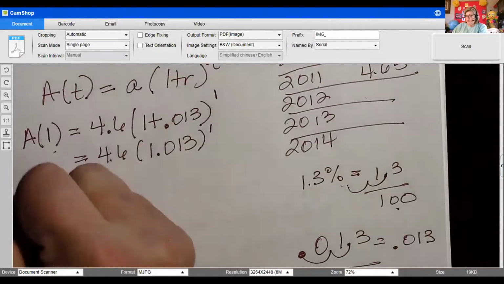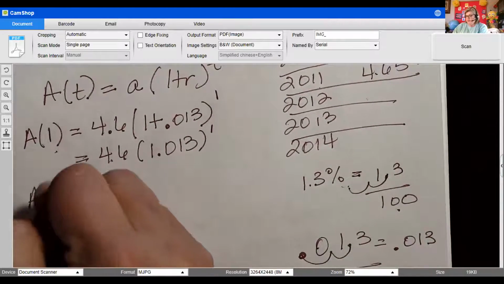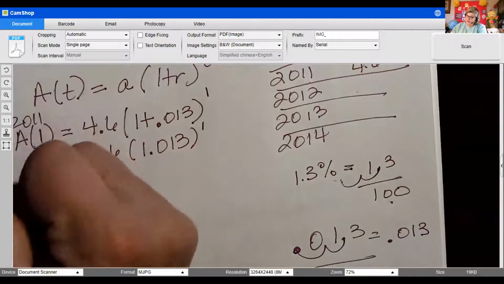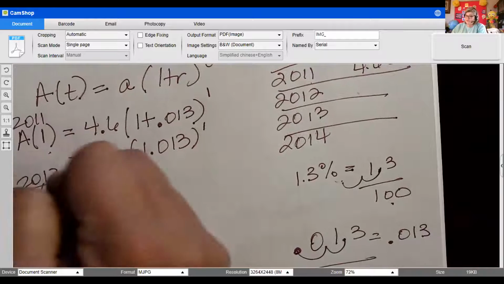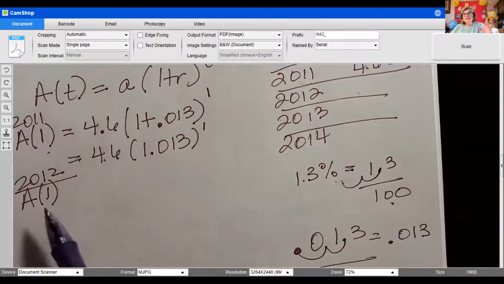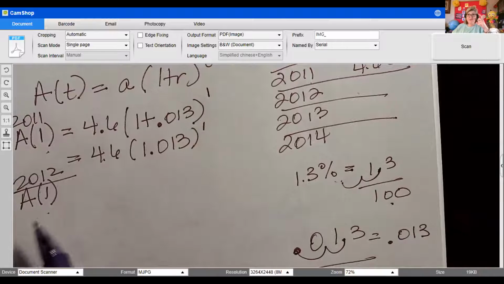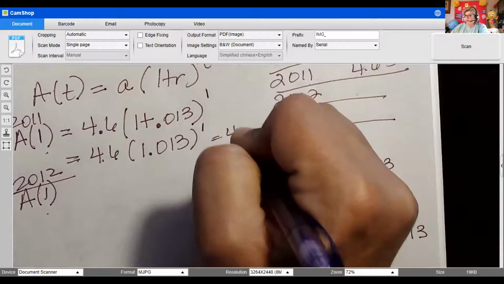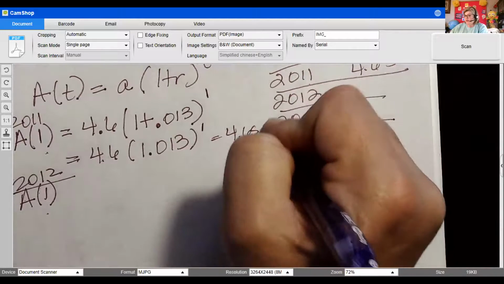So now we want to find the population. So this is 2011. Now we're going 1 more year into the future, and that's why I've left this at 1, because our base has changed. Our initial amount, we're going to use what we calculated here, 4.6598.